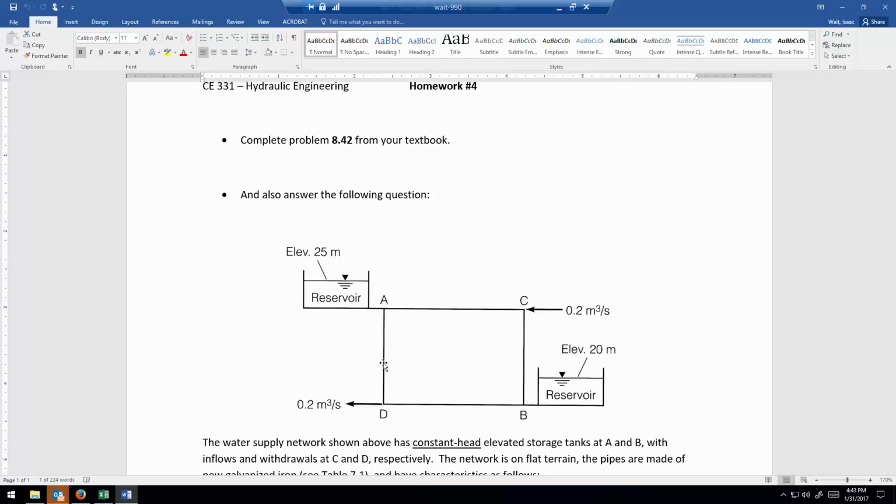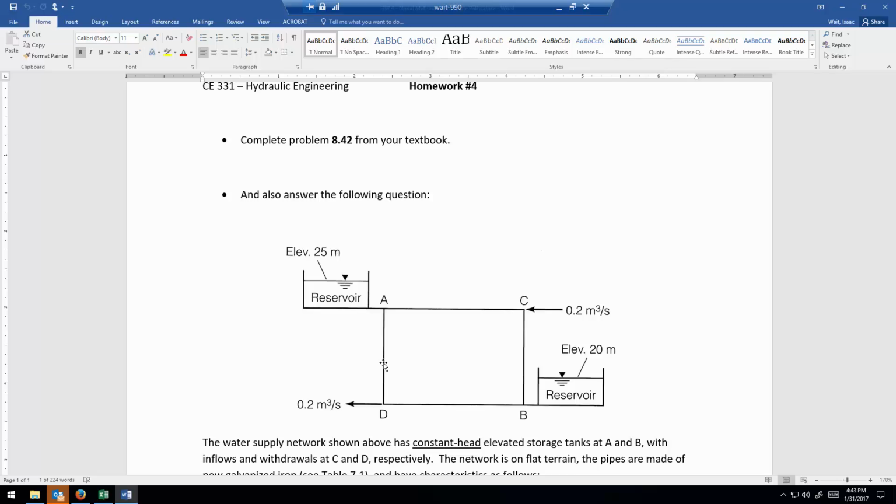But think about the head at C. The head at C has to be correct regardless of whether you got there from A to C or from B to C, because the head is known at both A and B. At A, it's 25 meters, and at B, it's 20 meters.